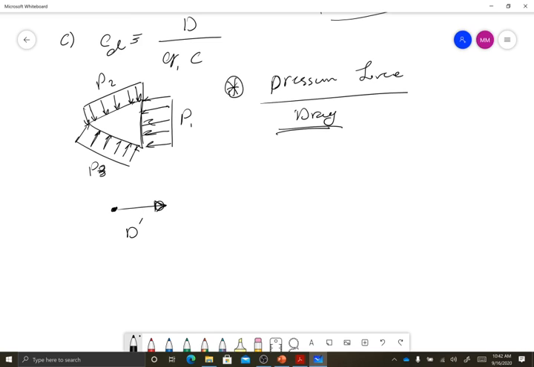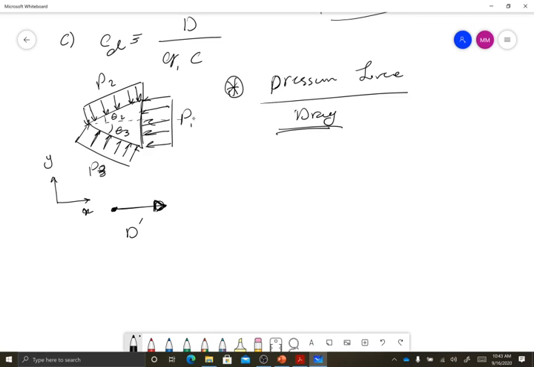Essentially, we are only interested in the projections of P2, P1, and P3 in this direction, the x direction. Here we have the theta; let's call it theta 2, and this one theta 3.